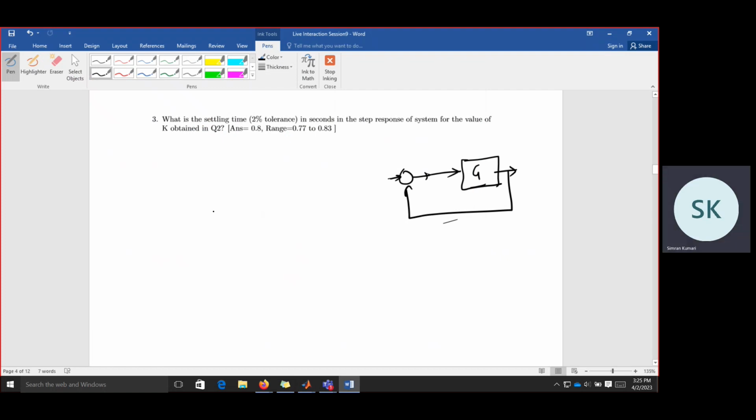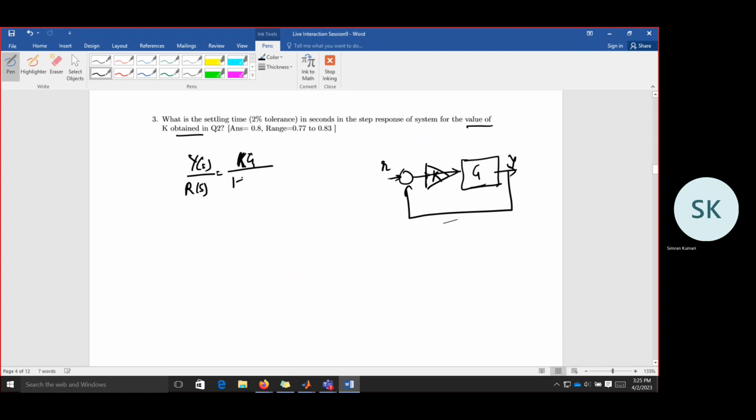So it is asking, for the value of K obtained, what is the settling time. For settling time, we can see what the closed loop transfer function is. So suppose this is Y, this is R. So we can find the closed loop transfer function. Now we have this gain K. So this will be KG, and this G is 10 by s plus 10.